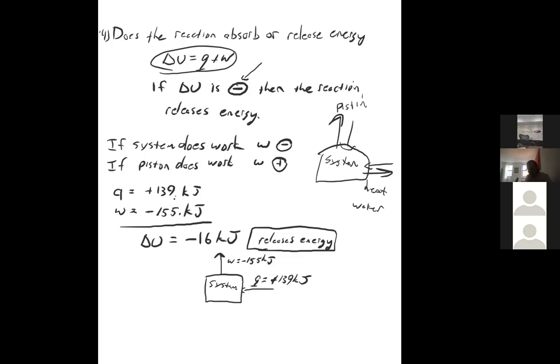If heat goes from the system into the water, Q is negative. In terms of the work, if the piston does work on the system, W is positive. If the system does work on the piston, W is negative. And then you just add those two together. Exothermic is if Q is negative, endothermic is if Q is positive, and you'll be set.